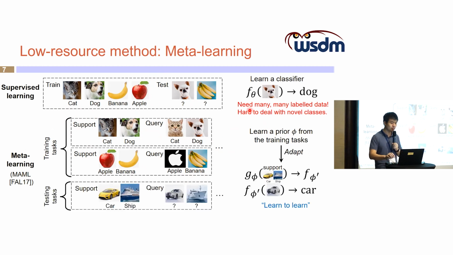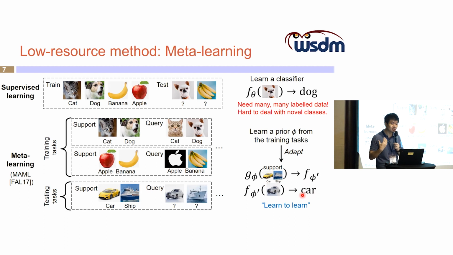At testing time, each testing task also contains a support and a query. The support is basically one or a few examples for each novel class. You notice here in the test, these two classes, car and ship, do not actually appear in the training set, but you give one or two examples for each class, and that's called the support set in the test data. By leveraging the prior and doing an adaptation on the support set in the testing task, we can finally get a classifier, and then we use this classifier to map an image to a car or a ship.